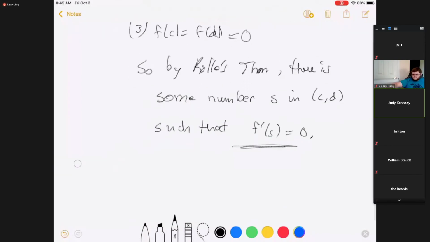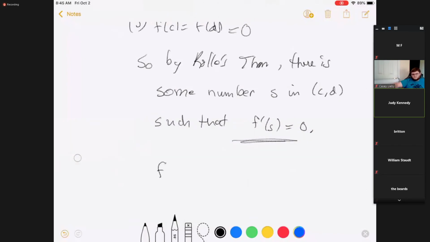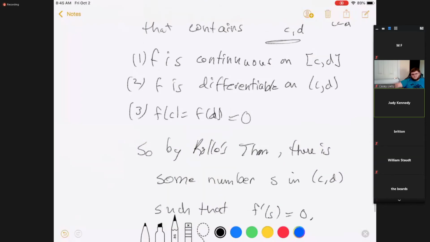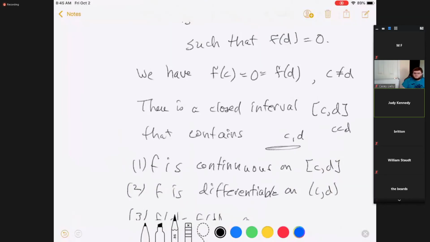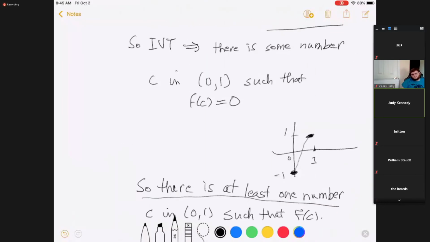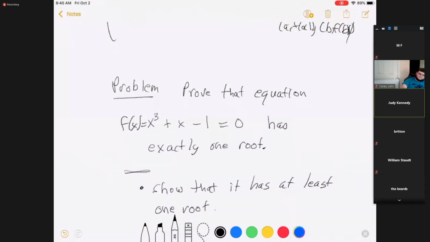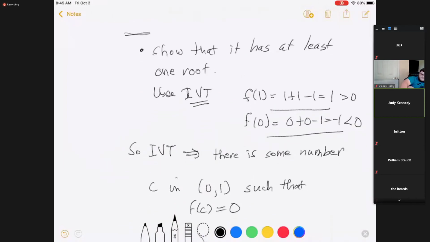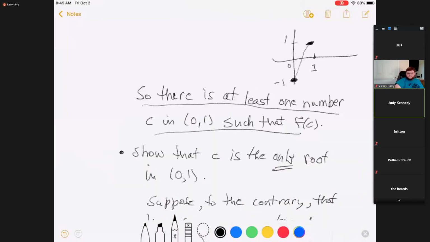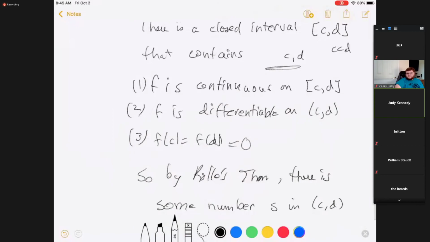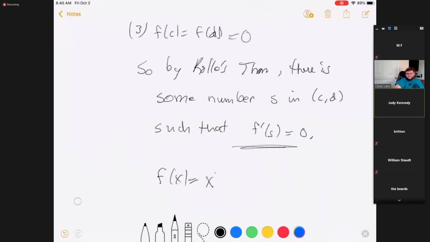But what is f prime equal to? f of x is equal to x cubed plus x minus 1. The derivative will be equal to 3x squared plus 1.